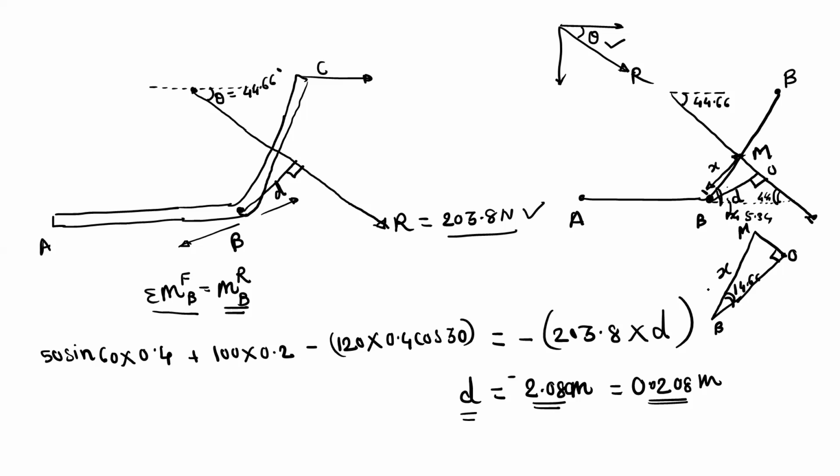So now you can easily find the X side. X will be, this OB is known as D, so D divided by cos of 14.66. So X is equal to 2.08 centimeter divided by cos 14.66.